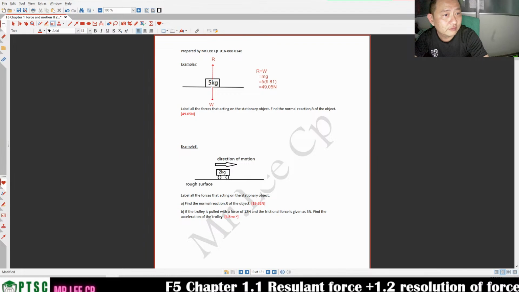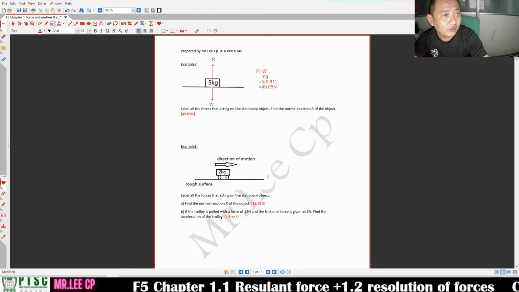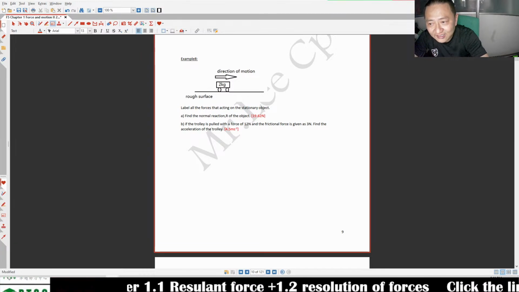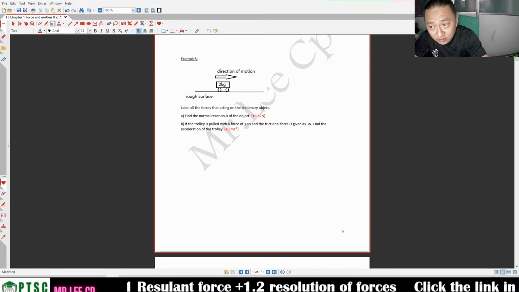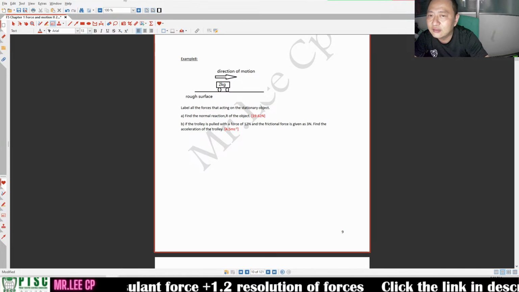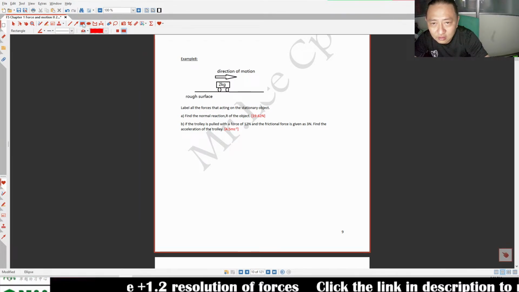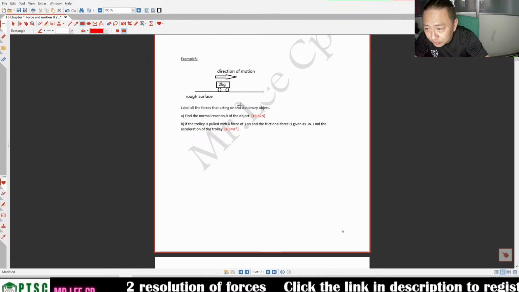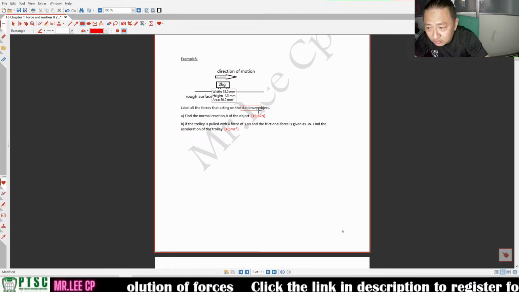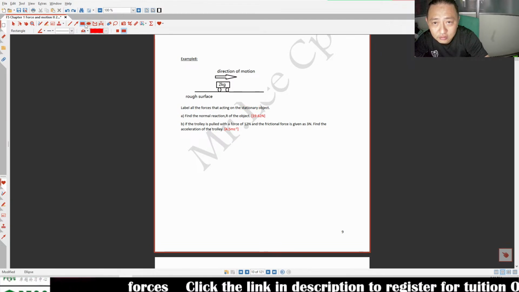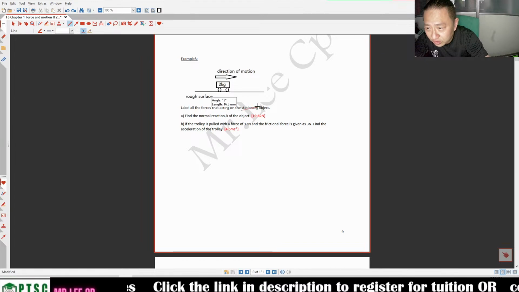Okay. I hope you're okay. Now, the second one. Label all the forces acting on the stationary object. Wrong, you see? Not stationary. Sorry, it should be a moving object.